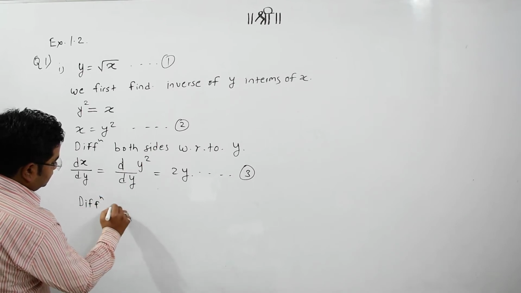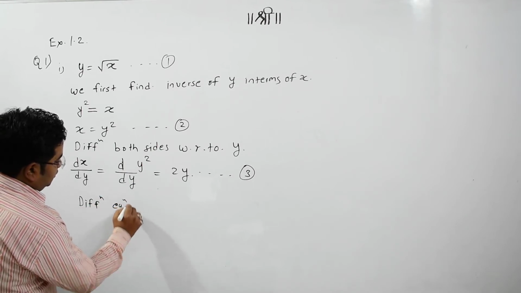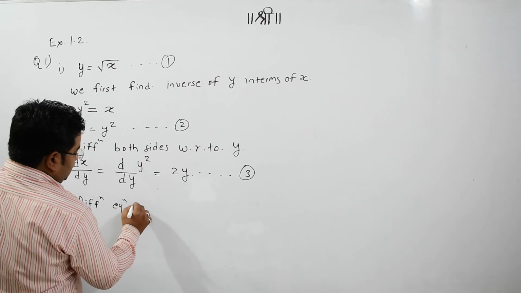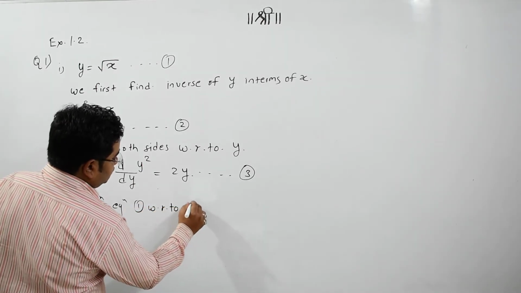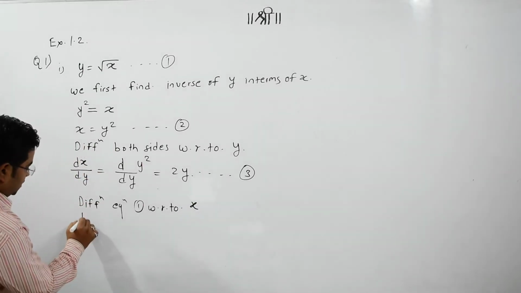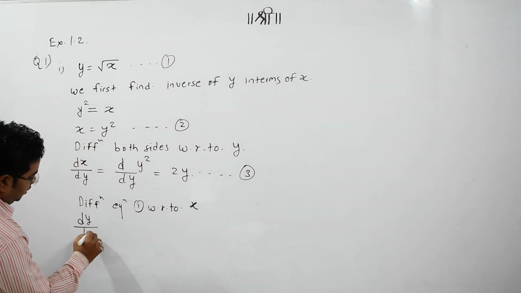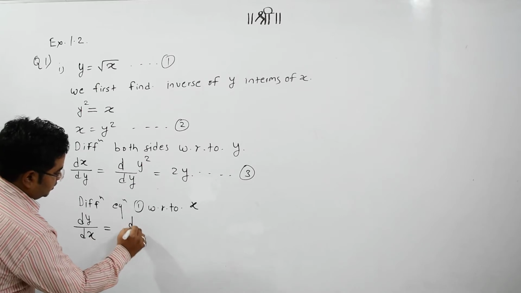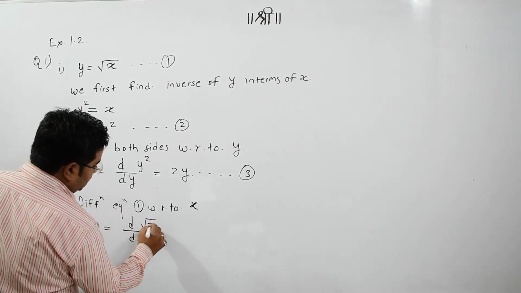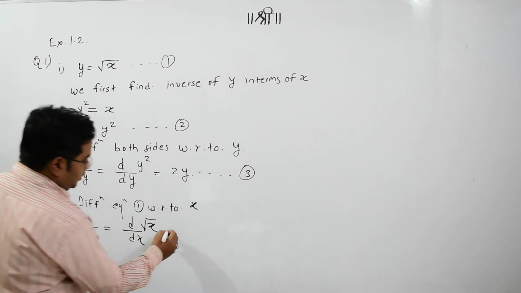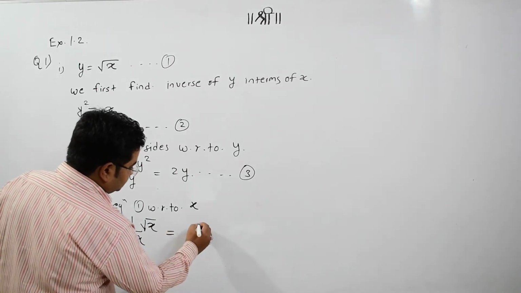Differentiating equation 1 with respect to x, dy upon dx is equal to d upon dx of under root of x.